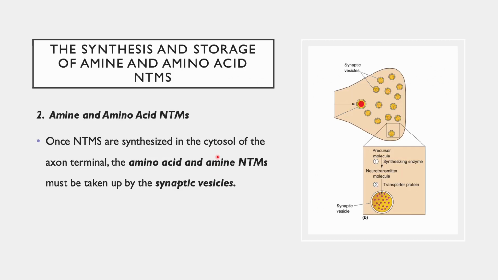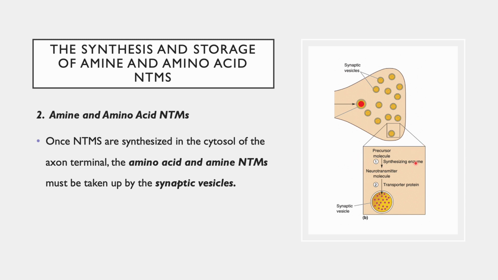Now that we've discussed how peptide neurotransmitters are synthesized, we're going to focus on how small molecules, such as amine and amino acid neurotransmitters, are created. So once neurotransmitters are synthesized in the cytosol of the axon terminal, the amino acid and amine neurotransmitters must be taken up by the synaptic vesicles, as shown here in yellow. So let's use an example. We'll talk about serotonin here.